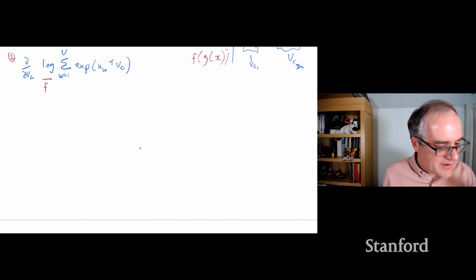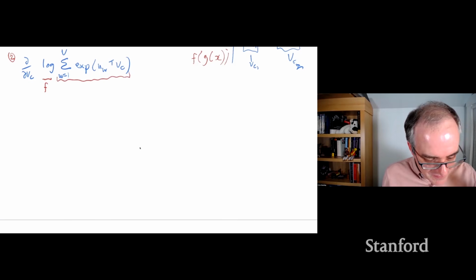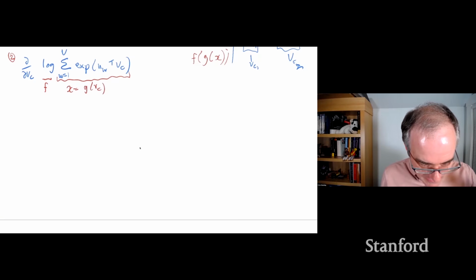Here's our f, and here is our x, which is g of VC. Actually, maybe I shouldn't call it x. Maybe it's better to call it z or something.